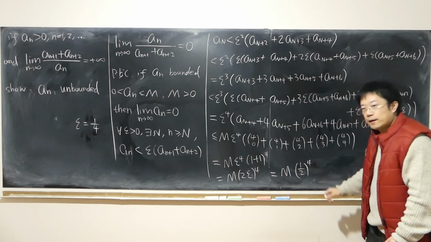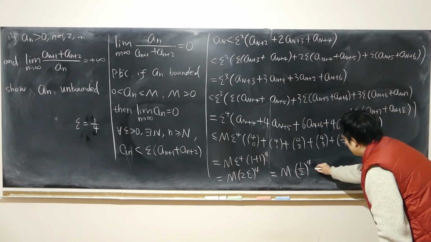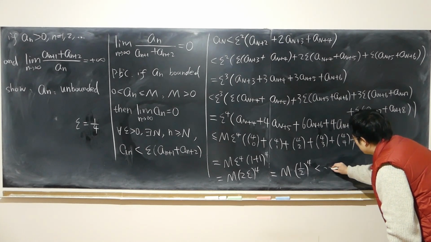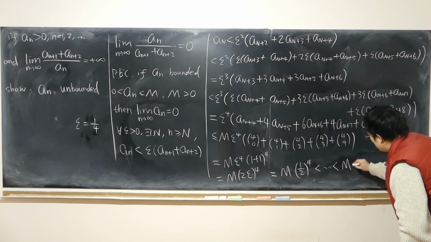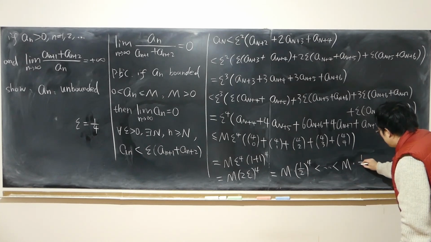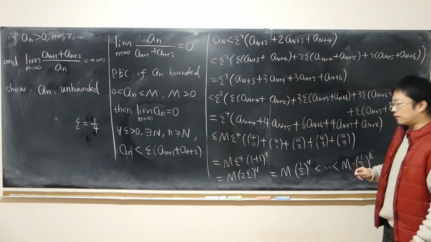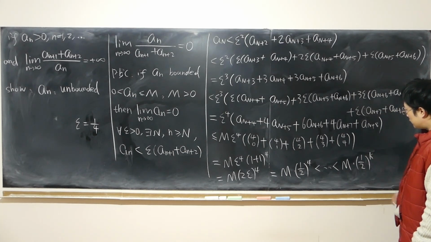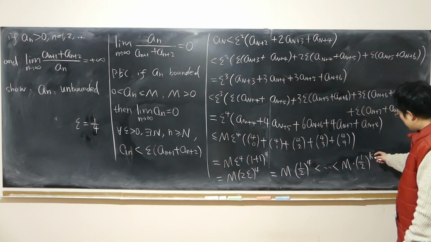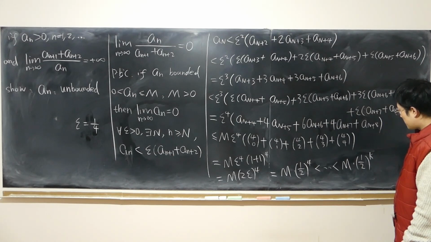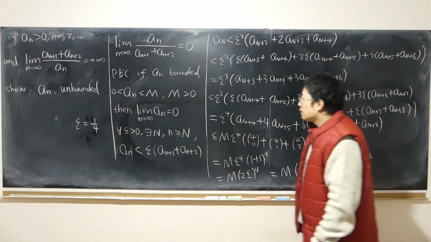I loosen it k times, I have m times half to the power of k. Right, clear. k is some positive integer, can be arbitrarily large.